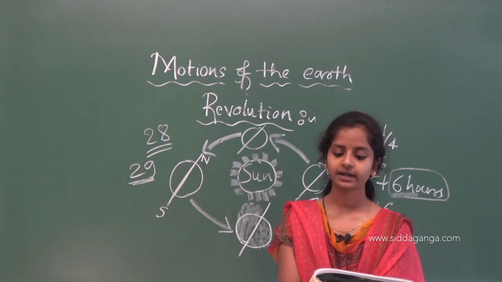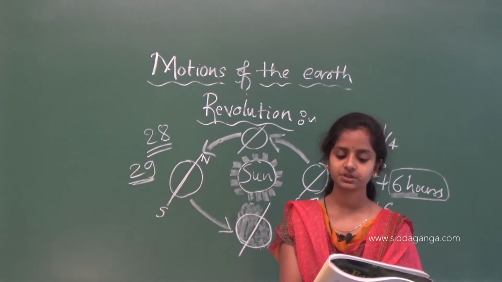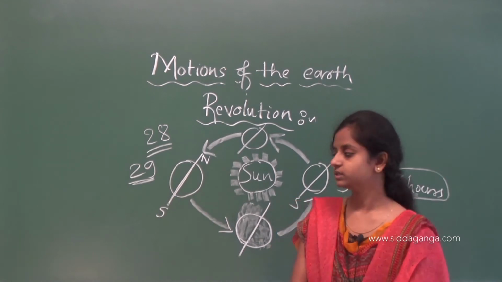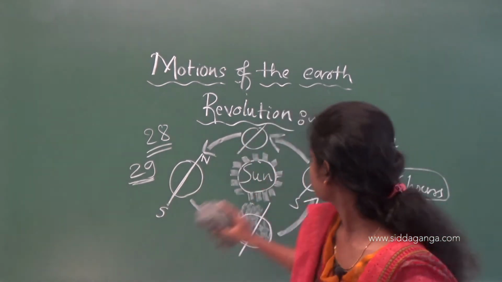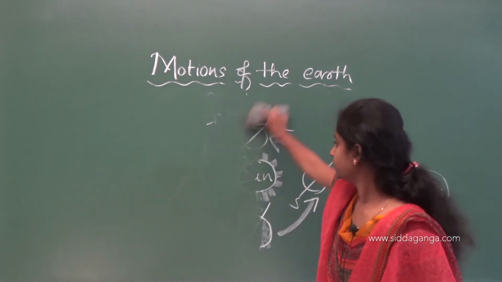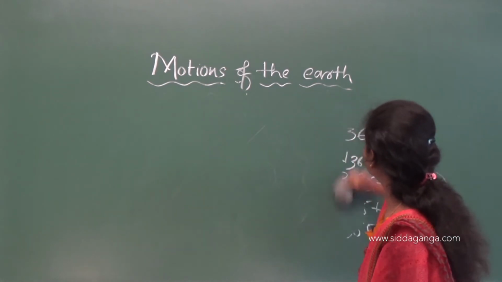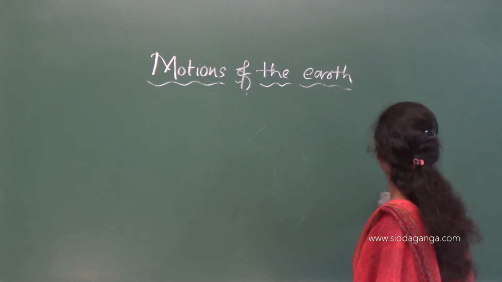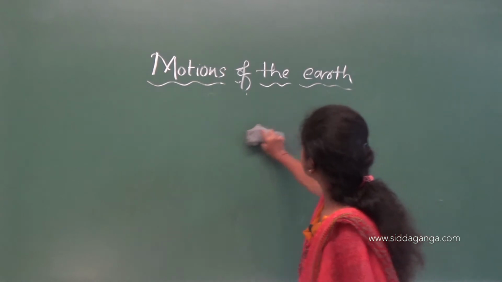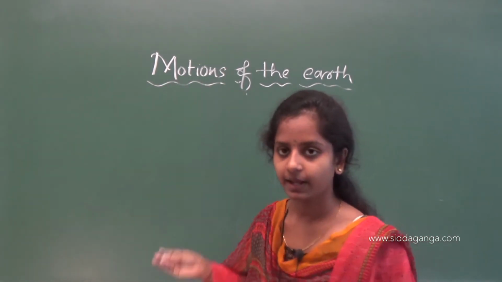You will see that on the 1st June the northern hemisphere is tilted towards the sun. So let me explain the seasonal variation, how that seasonal variation will happen because of the revolution around the sun. So we'll see now how the seasonal variation will happen.